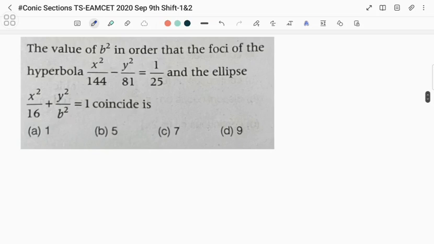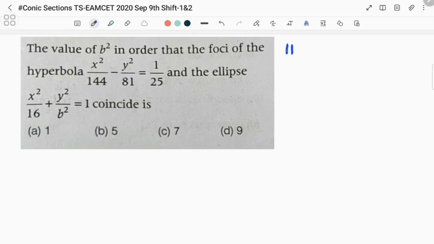The value of b square in order that the foci of the hyperbola x squared by 144 minus y square by 81 equal to 1 by 25, and the ellipse x square by 16 plus y square by b square equal to 1 coincide. So both the foci you can calculate.